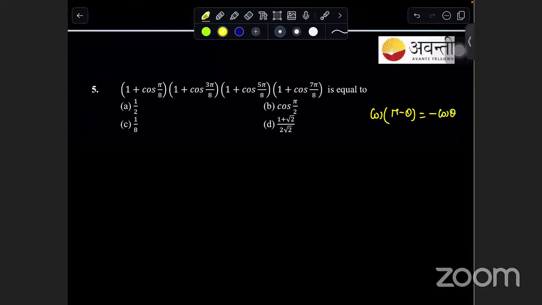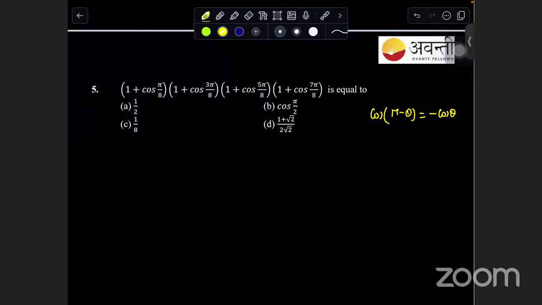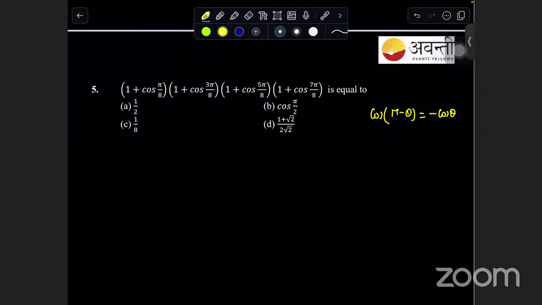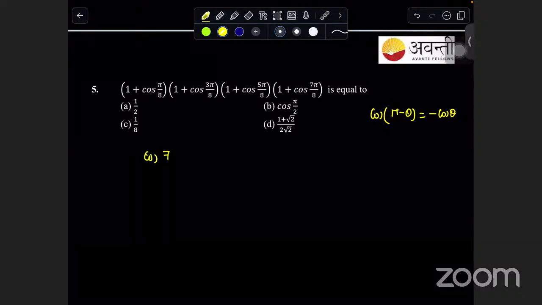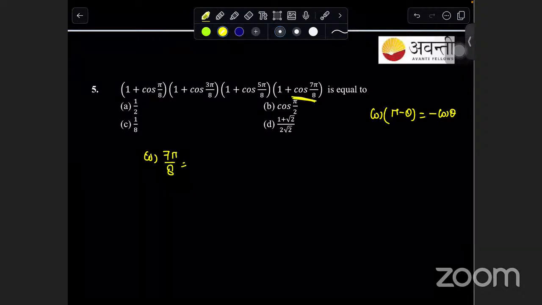See, this pi minus theta is going to be in the second quadrant. So in the second quadrant cosine is negative. So cos pi minus theta is minus cos theta. This is a formula of trigonometric conversion. Now, this cos of 7 pi by 8, which is being used here, is cos pi minus pi by 8.